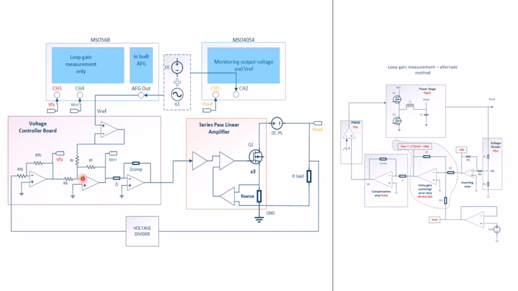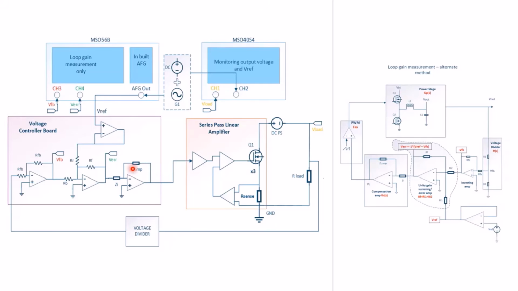And then the summing amplifier sums the signal from V reference and the inverted V feedback signal to give me an error signal with a gain of unity. So in my system, these three resistors are of same value. So this makes the summing amplifier with a gain of 1.